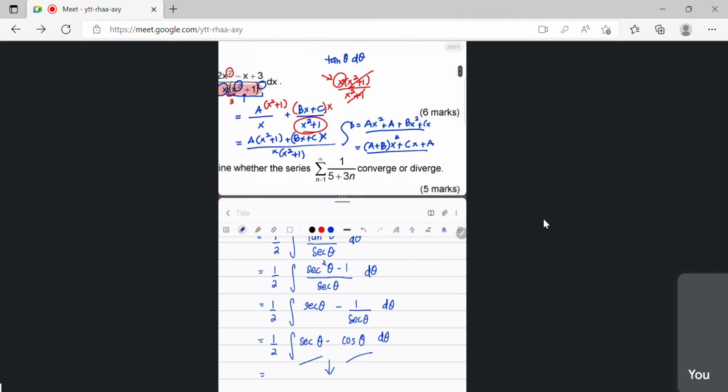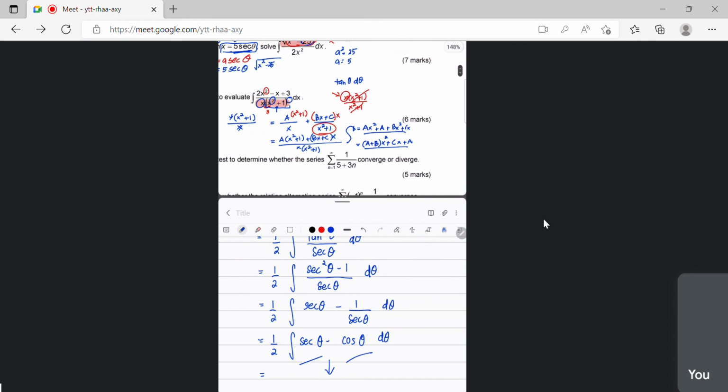Next, baru kita compare the coefficient. Mana nak tulis ni? Okay. For the x squared, a plus b will equal to 2. Macam ni ke? Okay, so x negative 1 equal to, sorry. C is equal to negative 1.